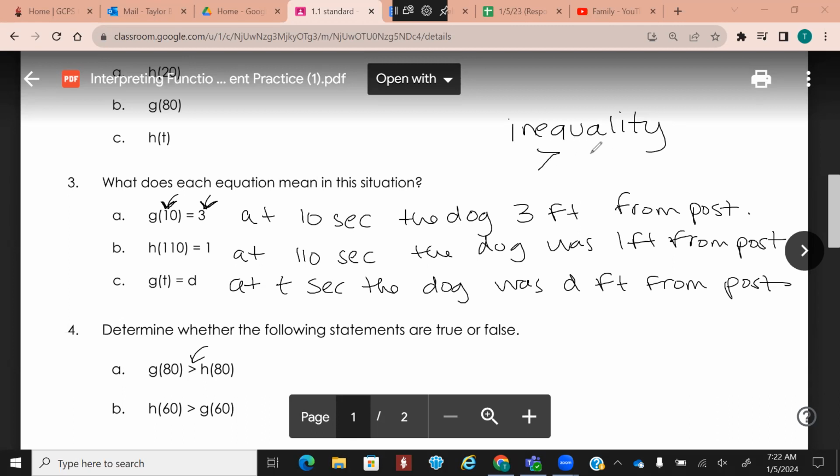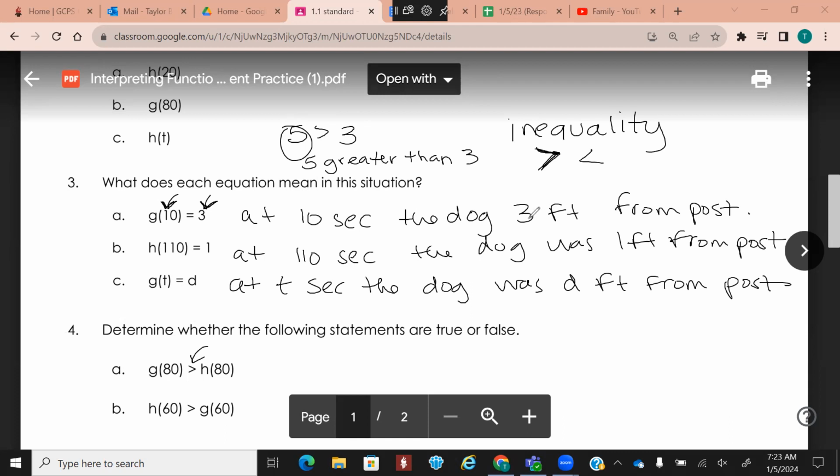Your teacher probably said like alligator mouths, and then your teacher probably was like, hey, the alligator eats the bigger number. Does that sound familiar? So if I had 5, 3, which one's bigger, 5 or 3? 5. That's why the alligator mouth is facing this way. So the way we read this is we say 5 is greater than 3.